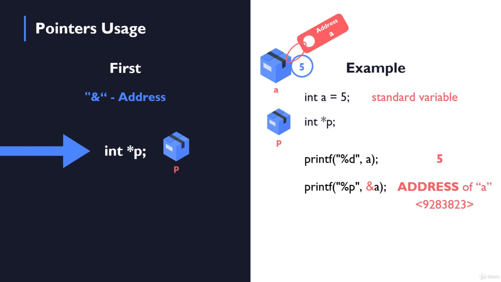If you run this example on your computer, the number is probably going to be different, because the address where variable a resides on my computer is probably different from the address it resides at on yours. So this number that will be printed out, or whatever format you're using, specifies the address where a resides.